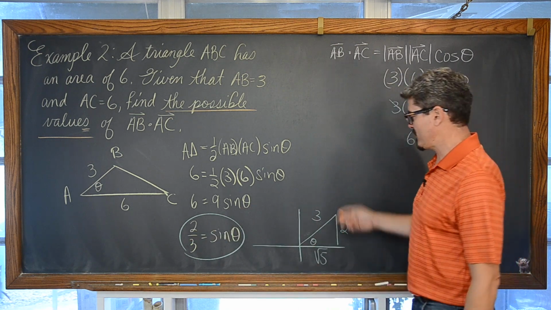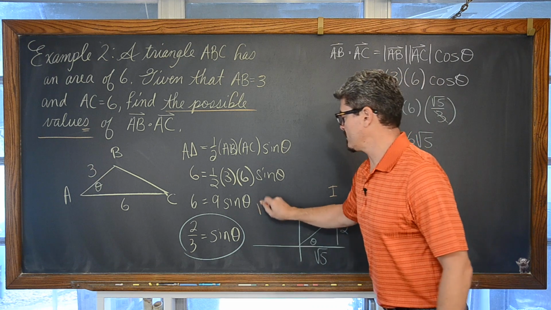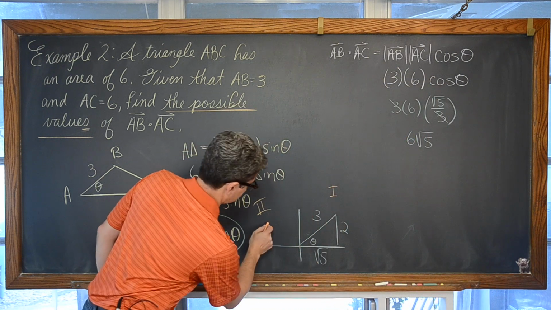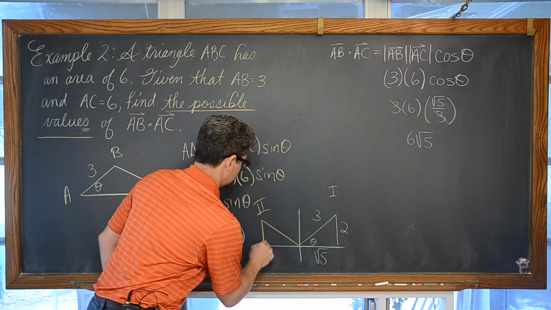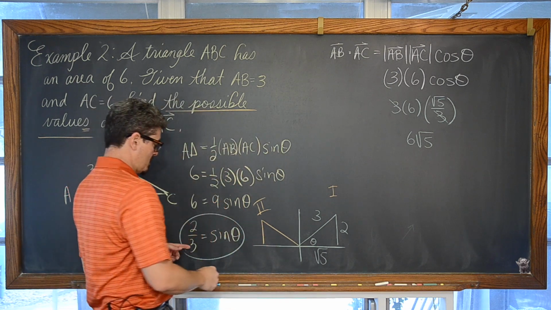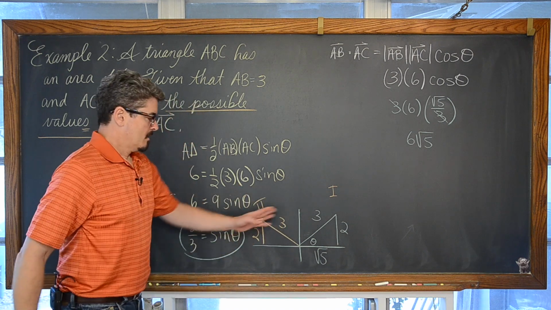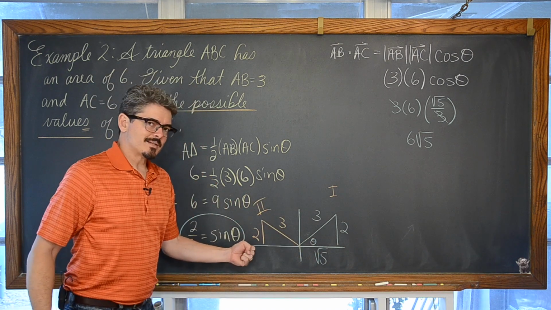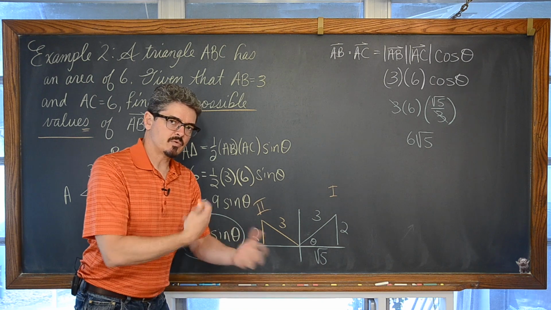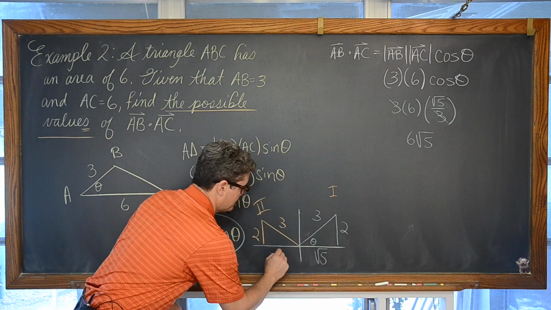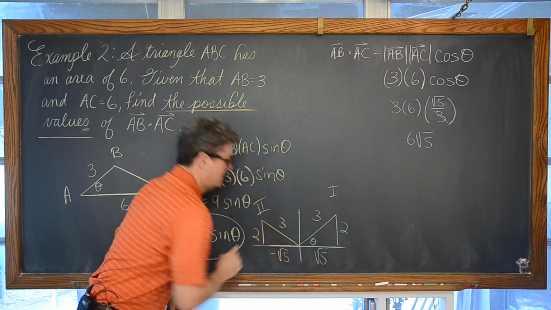Well, sine is positive both in quadrant 1 and in quadrant 2. And if I draw this same ratio of 2/3, y over r, there's no such thing as a negative length, but we can have positive negative to indicate direction. Instead of moving to the right square root of 5, we can move to the left square root of 5.